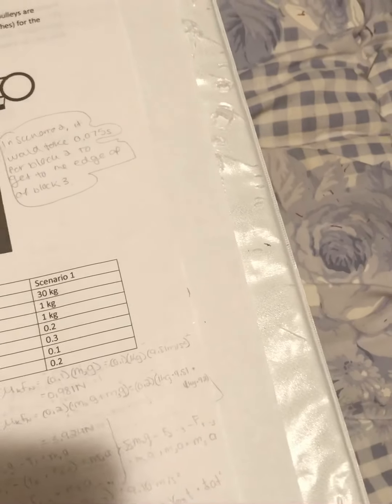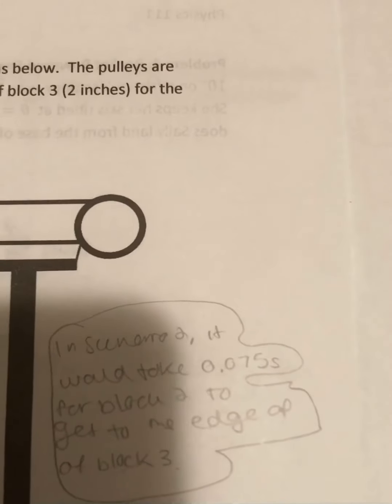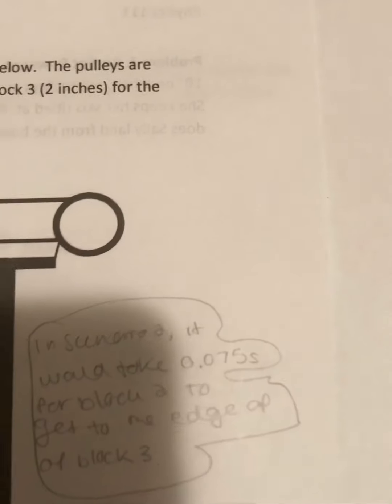And then I used this formula to figure out time, which is 0.075 seconds. So in scenario 2, it would take 0.075 seconds for block 2 to get to the edge of block 3.